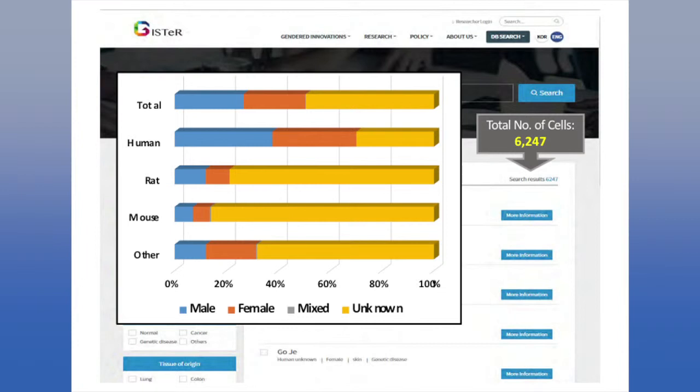If we see the distribution, about 40-some percent of the cells have a known sex origin, but for more than half we do not know the sex description. In humans, we know more about their sex origin, but as we saw before, rat and mouse cells are very low compared to other animal models.